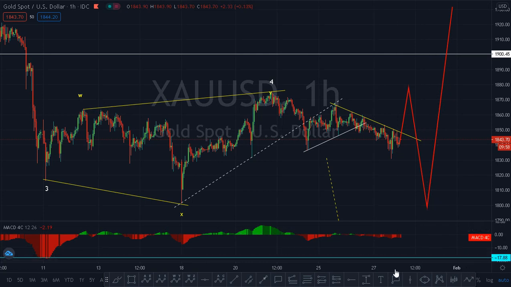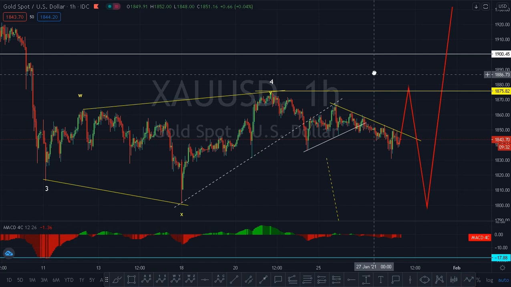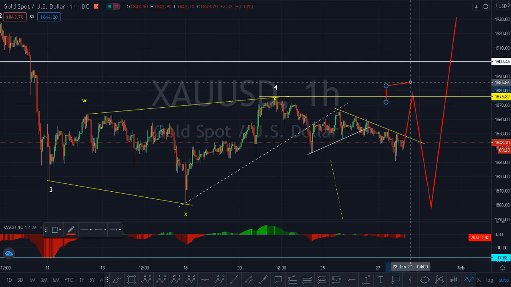If gold comes here and breaks this high, sorry, if gold breaks here properly, what I mean by properly, you see a candle like this and closed. Yeah, I'm tired. You see a candle that's closed.